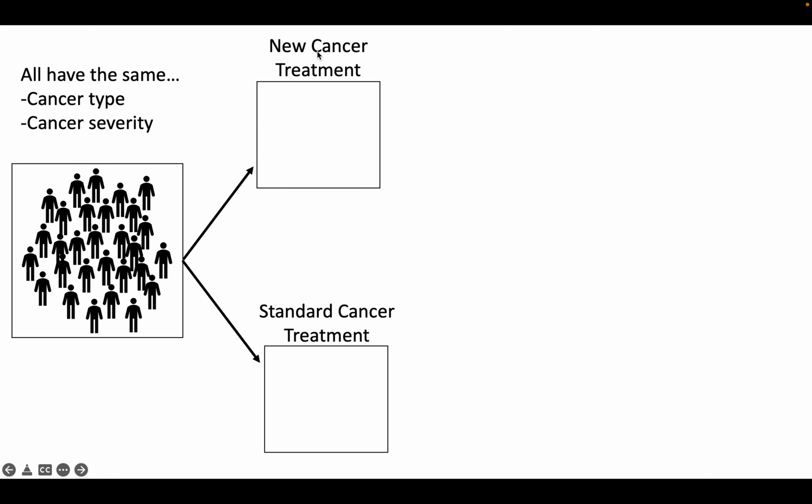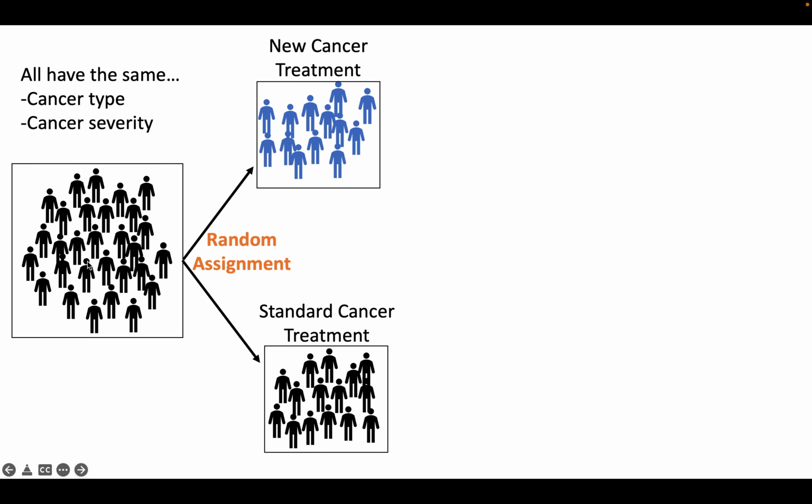And then we have our new cancer treatment and our standard one, and we randomly assign people in this group, either by assigning them a number and using a random number generator or some kind of software. Random also doesn't mean haphazard. It's usually a formally random process.